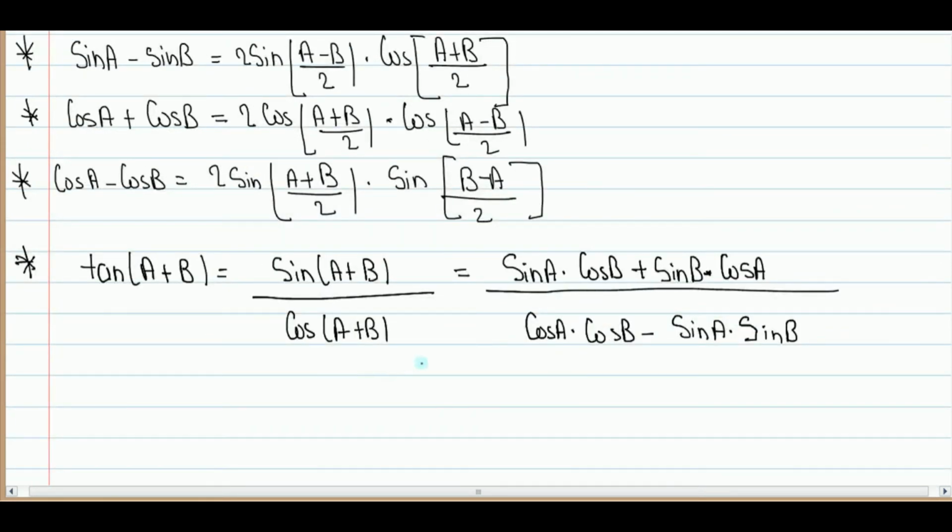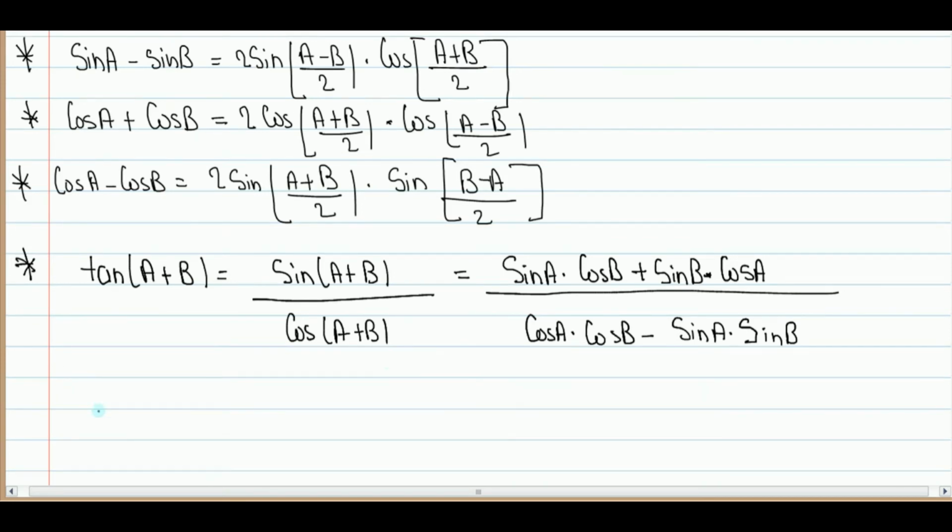The numerator is the formula for sin a plus b, and the denominator is the formula for cos a plus b. Is it fine? So we can do one thing right now. Can we just take sin a, or let me just rub it. Where did it go?